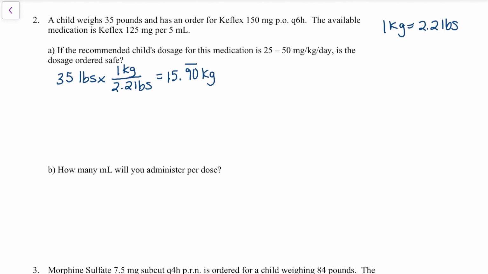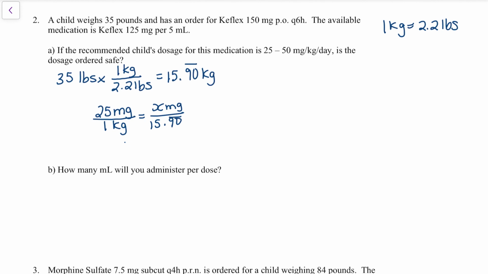Okay, the recommended range is 25 milligrams per kilogram per day, up to 50 milligrams per kilogram per day. So we're going to do 25 milligrams over 1 kilogram equals how many milligrams for 15.909090 kilograms.